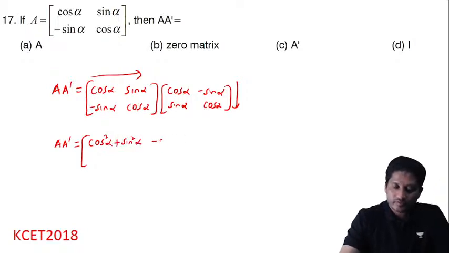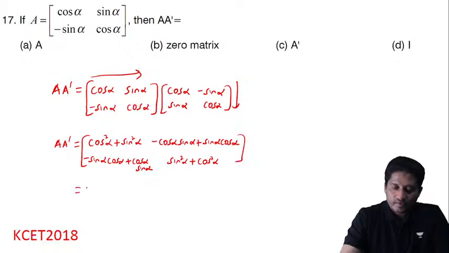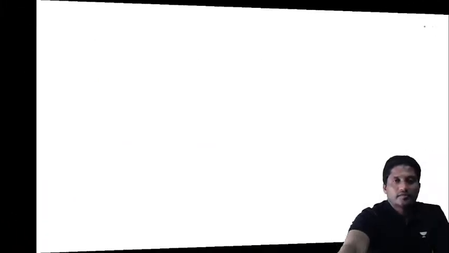First row second column, minus cos alpha sin alpha plus sin alpha cos alpha. Second row first column, minus sin alpha cos alpha plus cos alpha sin alpha. And then you will get sin square alpha plus cos square alpha. So you get 1 0 0 1, equal to I. Answer is option D. Let's move to the next question.